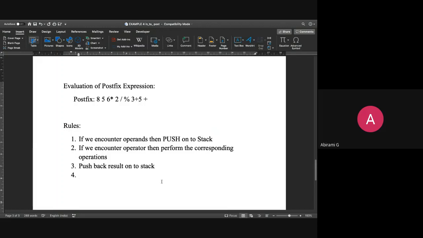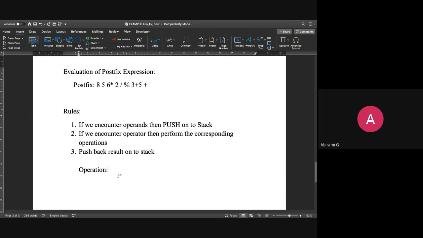While performing the operations, we have to check the condition: which operand to take first and which is second.